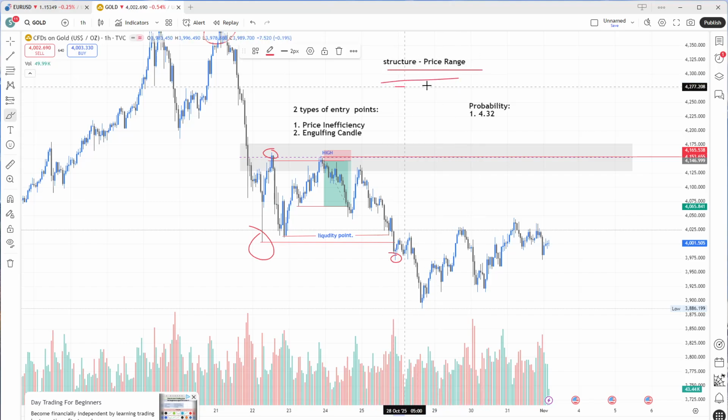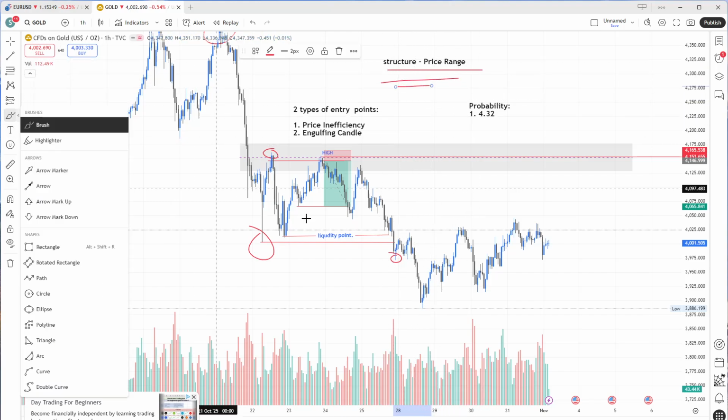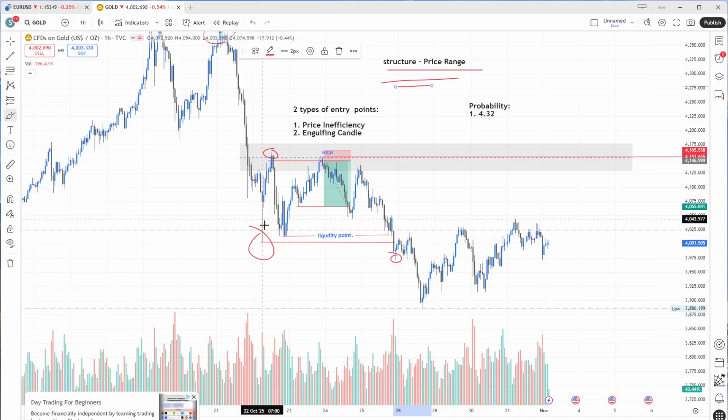So next, after this break, we have this point is going to be our low, this is going to be our high. And then once it breaks down here, this is going to be our high, and this is going to be our low. This is going to be the range.